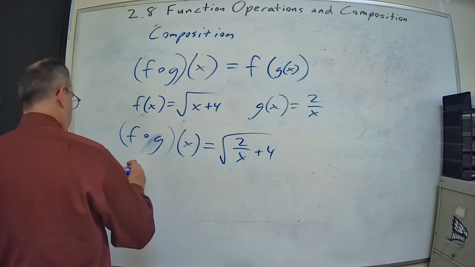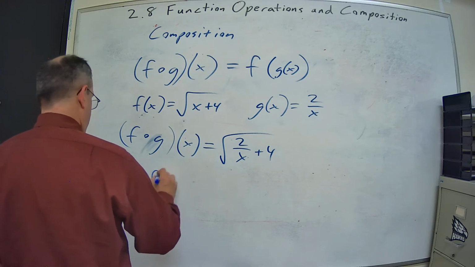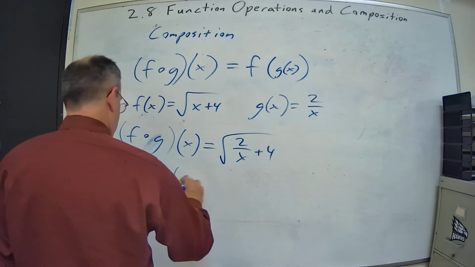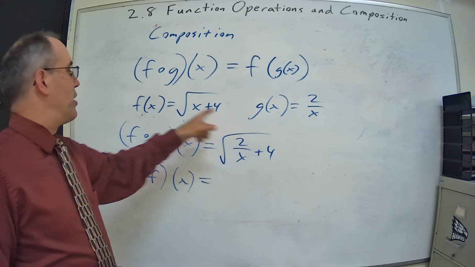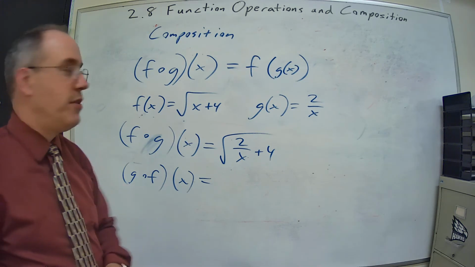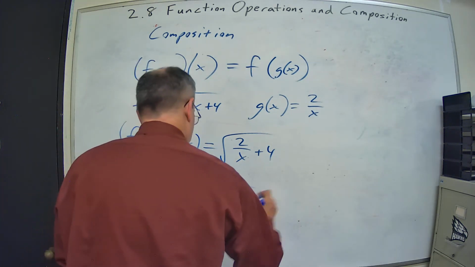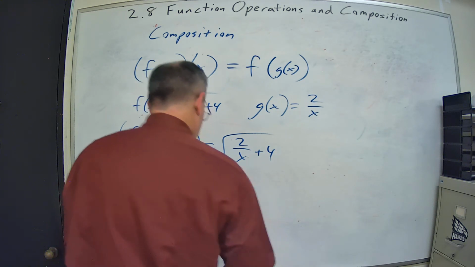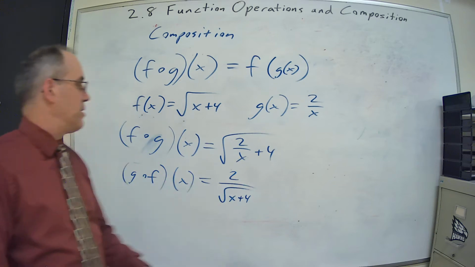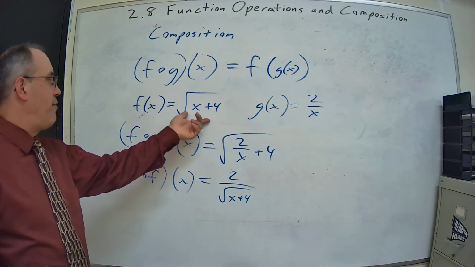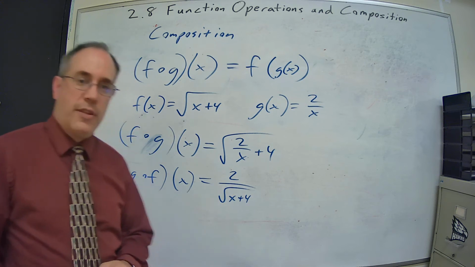We can do it the other way. g of f of x. So now g is going to be the main function. We're going to plug in f of x in place of x. So we have 2 over the square root of x plus 4. So the main function is 2 over x, and we're plugging in f of x, the square root of x plus 4, in place of x.